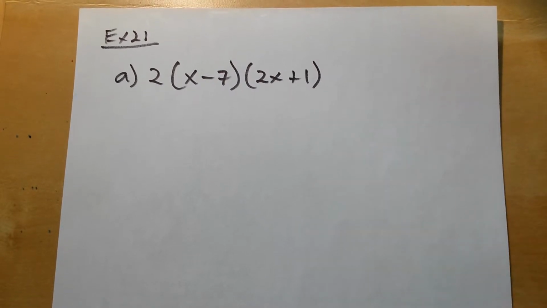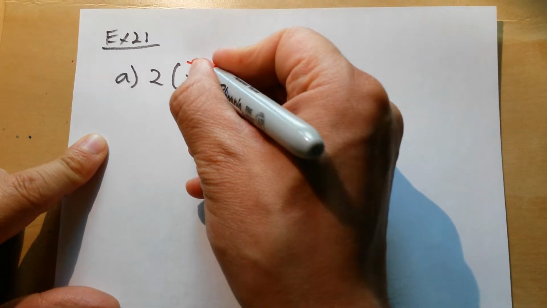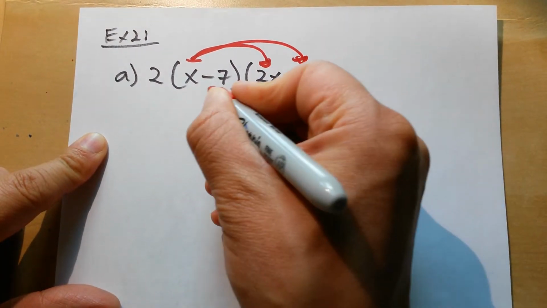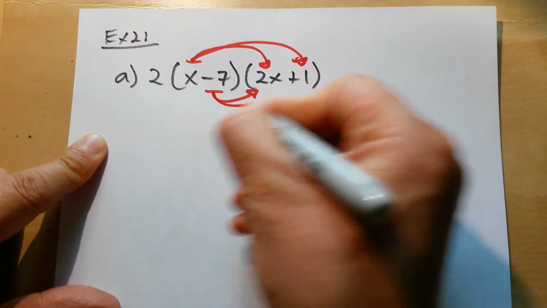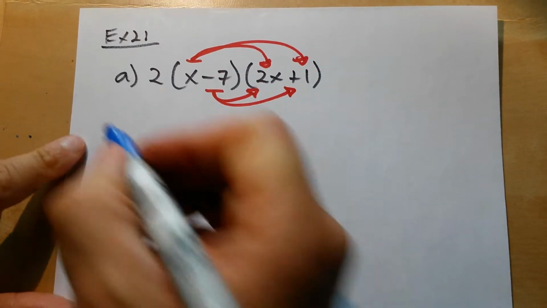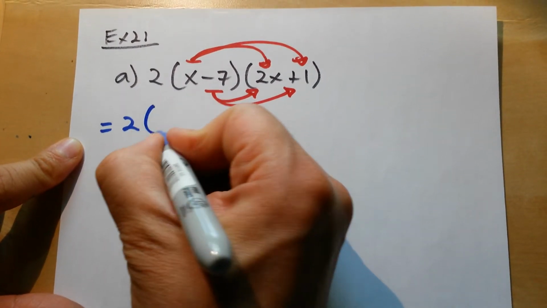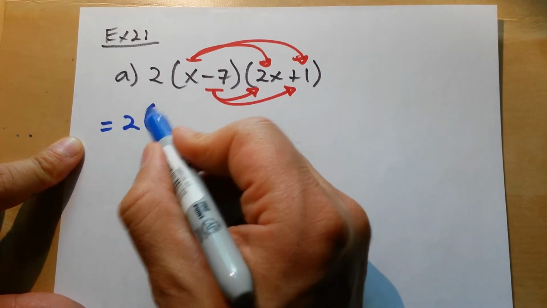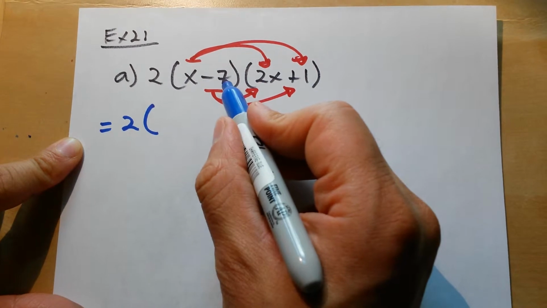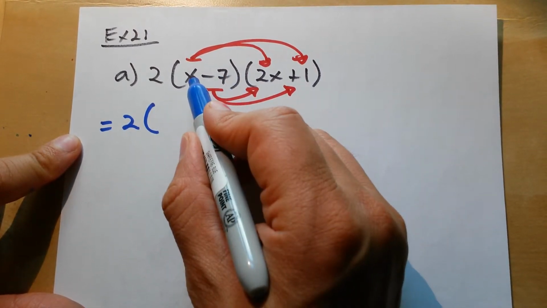Right, so let's start with this. Let's multiply these 2 binomials first. So that means we're doing x times 2x and then x times positive 1, this times that, and this times that. Right, so the 2, we have not touched it yet. Let's leave it there. Open bracket for the product that we're going to get between the multiplication of these two binomials.